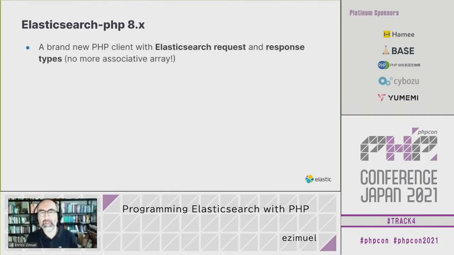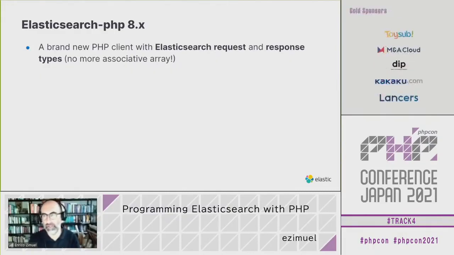A brand new PHP client, actually we are creating it from scratch, because now we have the request and the response in Elasticsearch. We have the type. So we know for each endpoint how to create the request and which HTTP response we will have, with the type of response. Everything is typed.